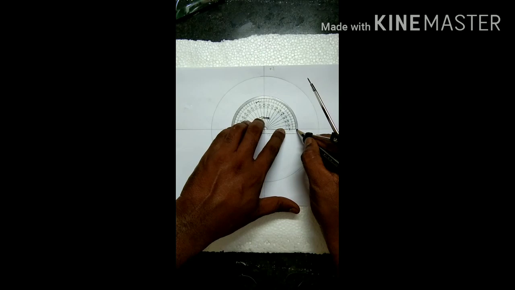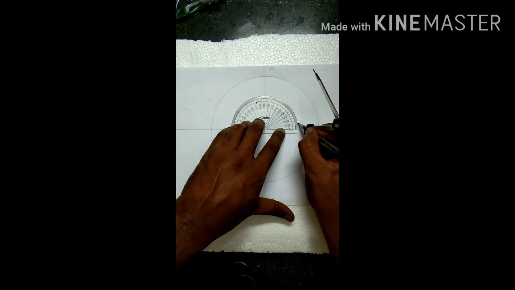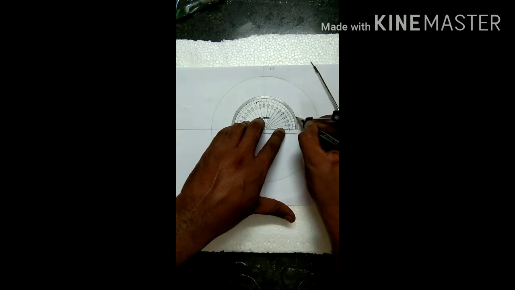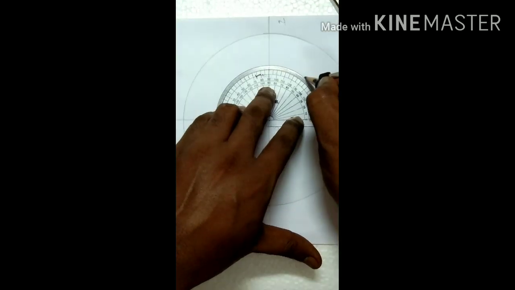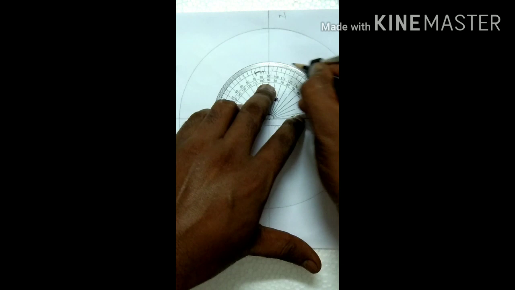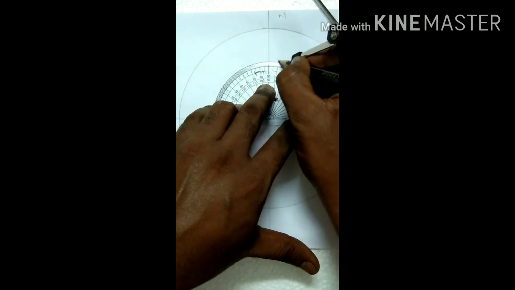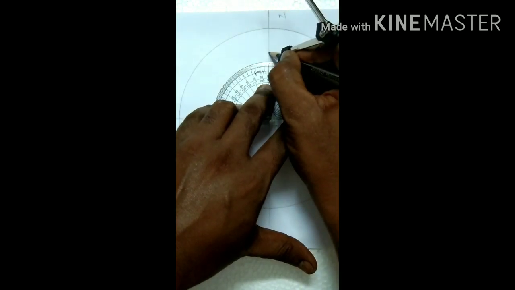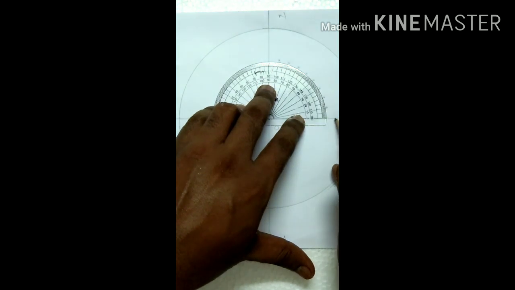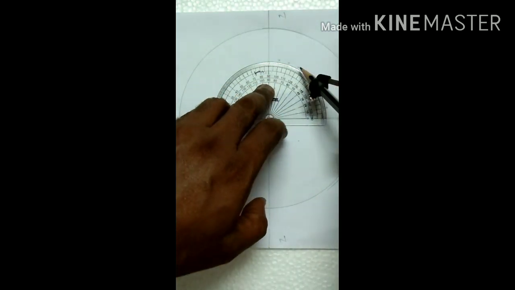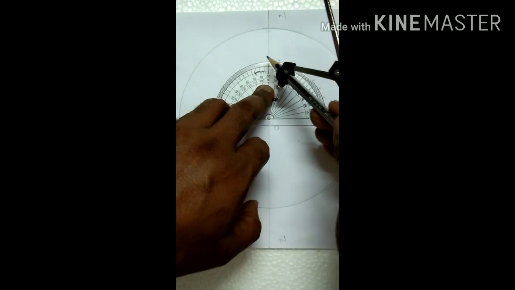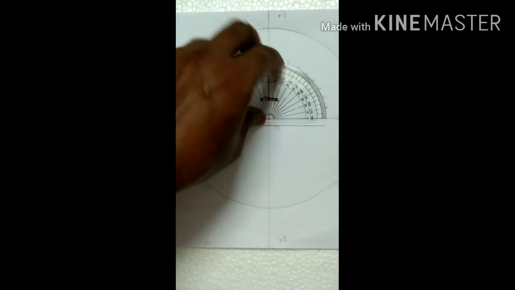If we consider this one value as 0 degrees, then this is 10 degrees, 20, 30, 40, 50, 60, 70, 80, and this becomes 90.